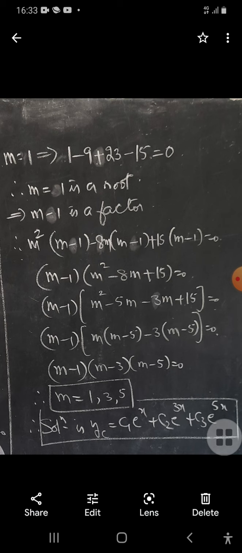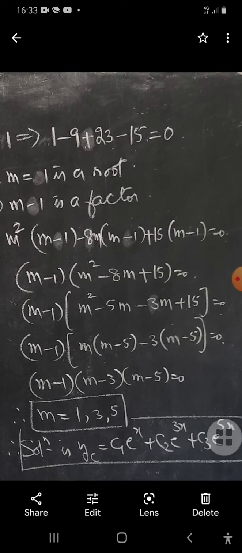Now because the given equation is in m cube, we write m minus 1 three times, and appropriately choosing the corresponding coefficients, we get the required equation. That is, multiply m minus 1 first with m square, then it becomes m cube minus m square minus 8m square minus 1 plus 15 times m minus 1 equal to 0.